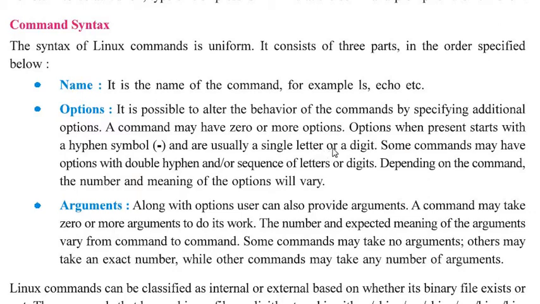Options, when present, start with a hyphen symbol and are usually a single letter or a digit. Some commands may have options with a double hyphen and a sequence of letters or digits. Depending on the command, the number and the meaning of the options will vary.